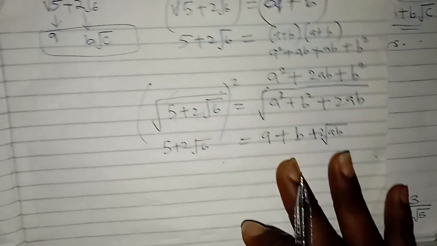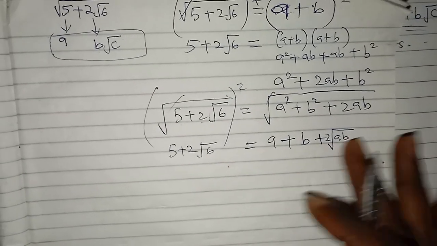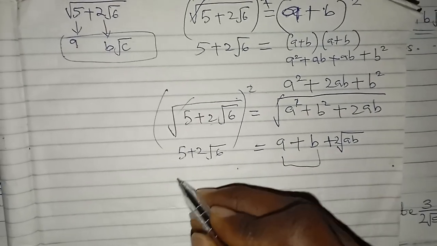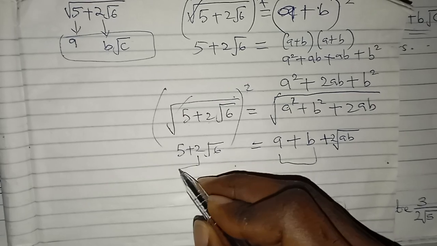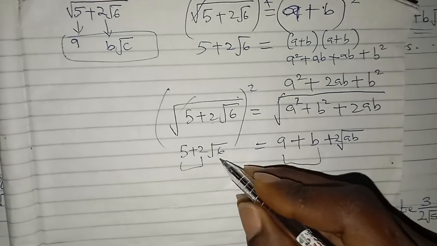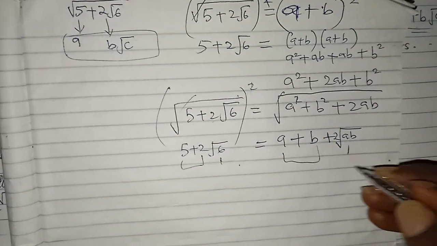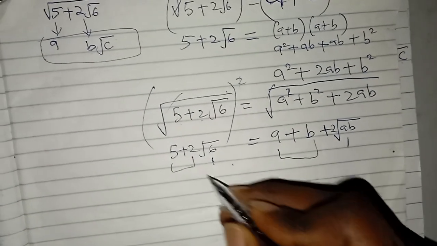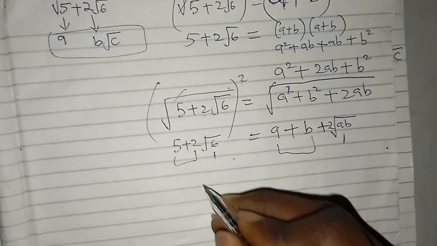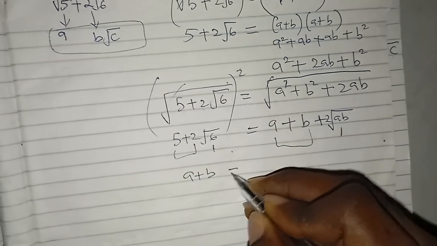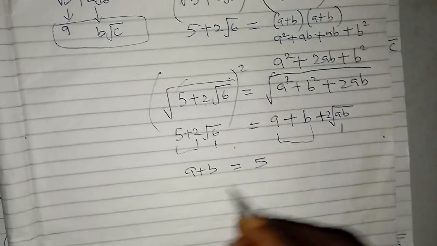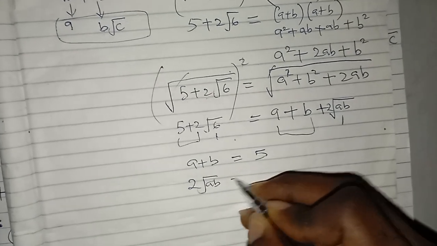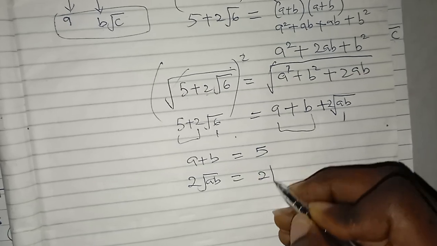Yes, I can see that what I have here now looks perfectly like this. So everything here looks like this one, and everything here looks like this one. So we can say that a plus b is exactly like 5, and 2 root ab is exactly like 2 root 6.